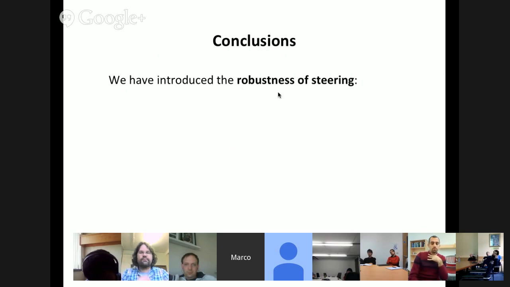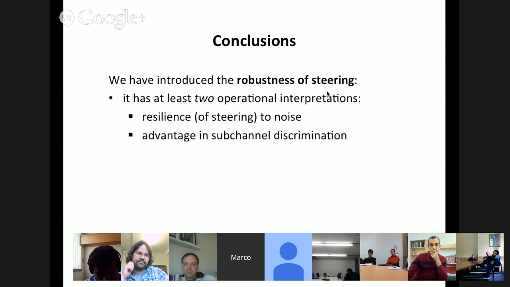Also, we introduced the robustness of steering. There have been many works already about steering, but actually not so many quantifiers of steering have been introduced. We are quite proud of this robustness of steering, because it has many interesting features.